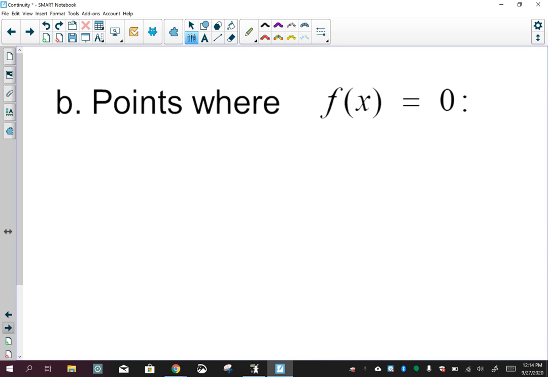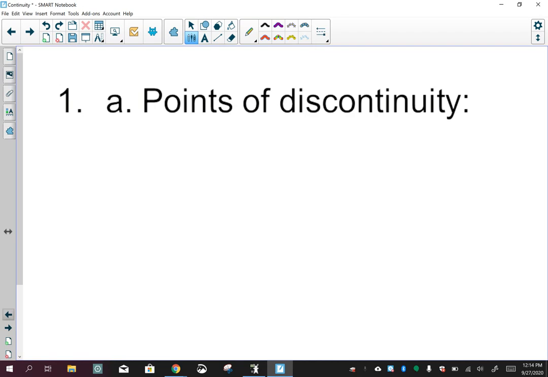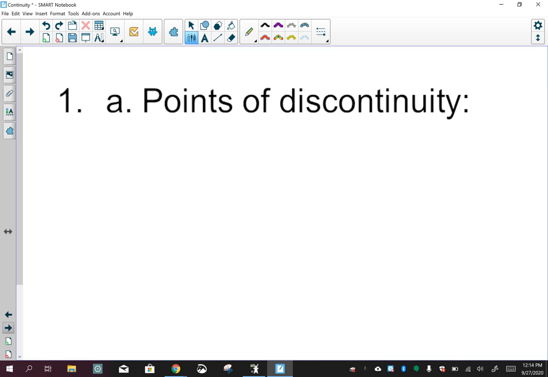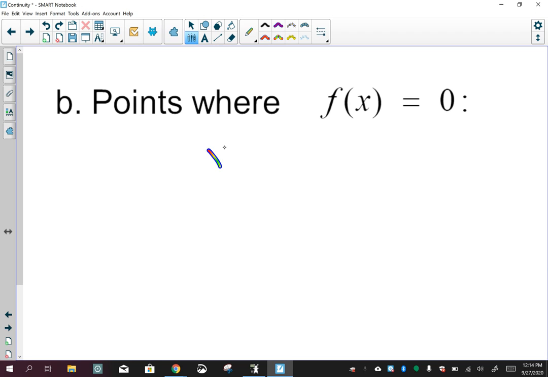I want to know my points where f of x is equal to 0. So if I go back and look at this problem, I only care about the numerator because the numerator determines my zeros. So I've got x squared plus 3x. So I want to know, where do I equal 0 here?